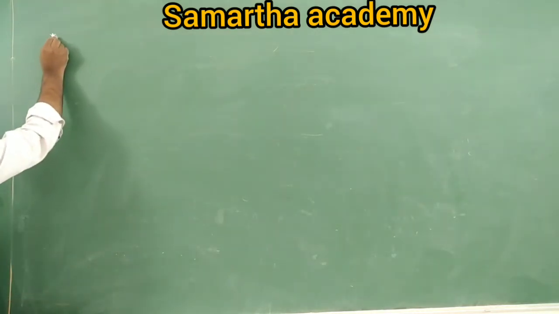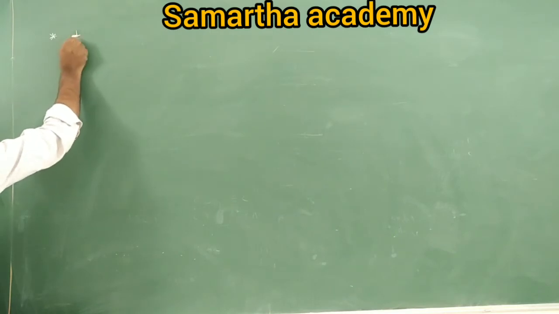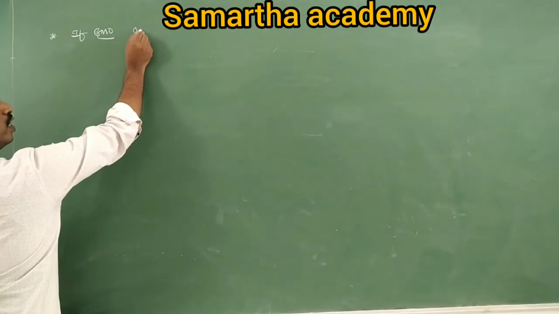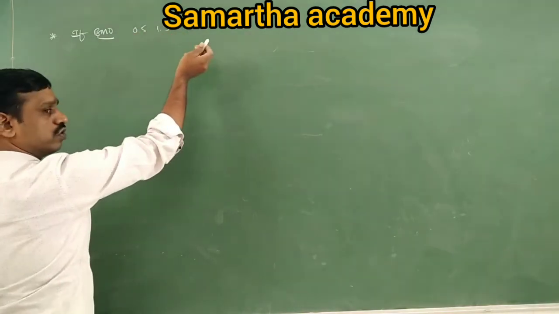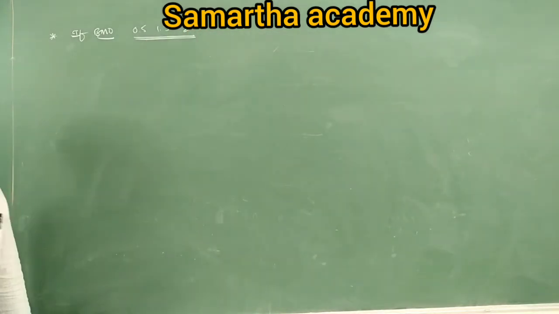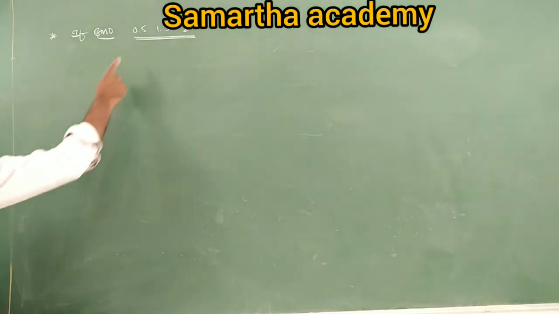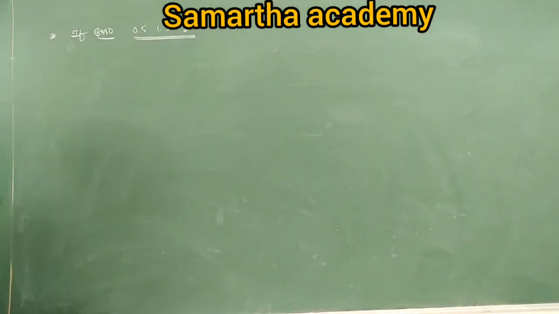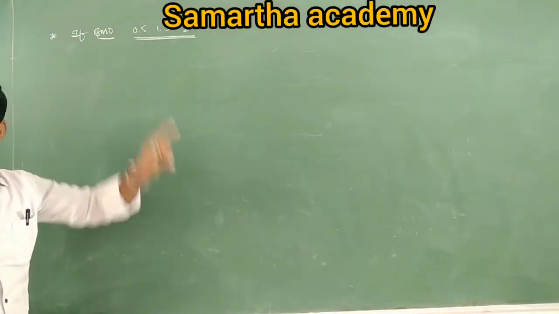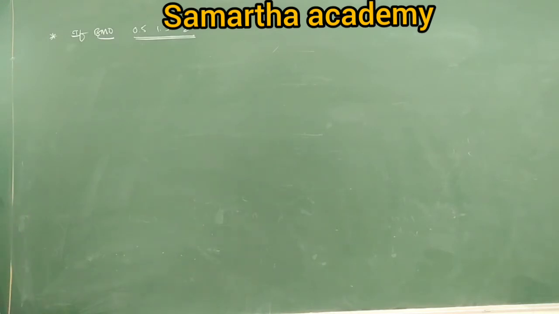If the bond order of any molecule is like 0.5, 1.5, 2.5, any fractional value, it indicates the molecule must be paramagnetic. Do you know when you get this 0.5, 1.5 bond order? Where there is a free, unpaired electron. If the molecule has an unpaired electron, then only you will get a fractional bond order. If a molecule has a fractional bond order, it must be paramagnetic.